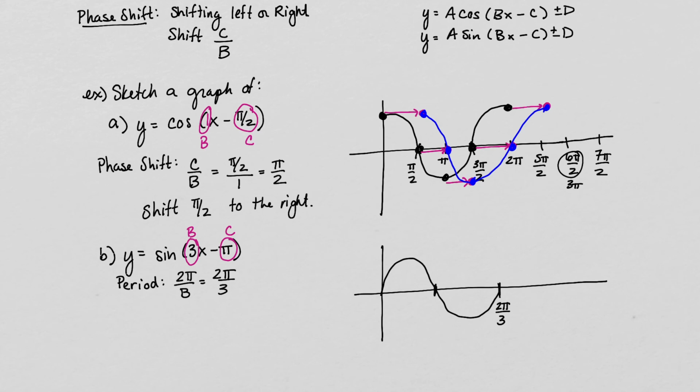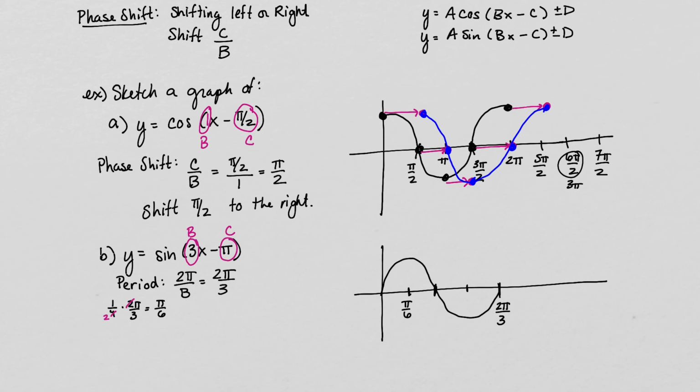I need those 4 slots just like before. So I need a quarter times 2 pi over 3, which is going to be pi over 6, because the 2 cancels there. So we end up with pi over 6. So that's that first spot.